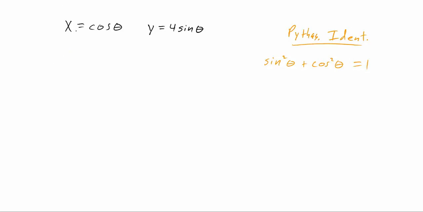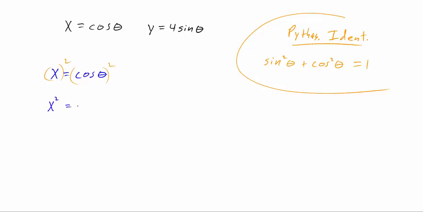So first, I'm going to think of we have x equals cosine theta, and I want to think about how we can match this up with cosine squared. Well, if x equals cosine theta, I can square both sides of the equation, and we would get x squared equals cosine squared theta.